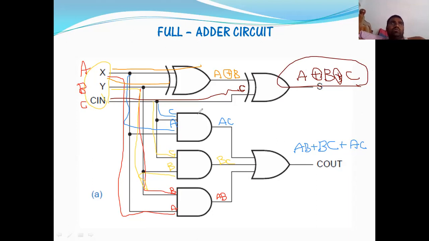So in this full adder, we have inputs A, B, C, and the outputs are the sum output and the carry output: A XOR B XOR C, and AB plus BC plus AC. So this is the output.